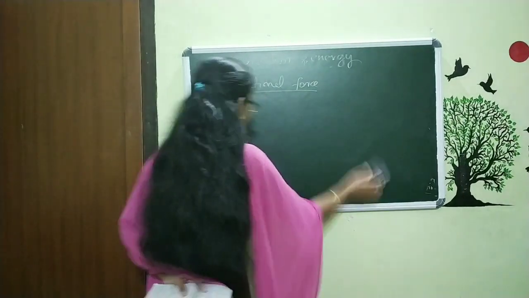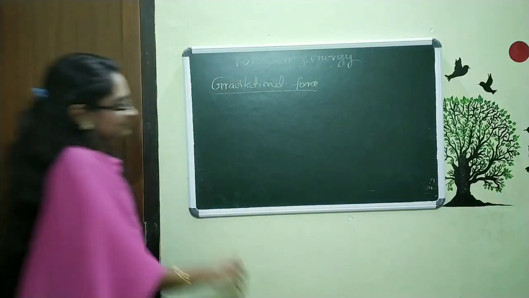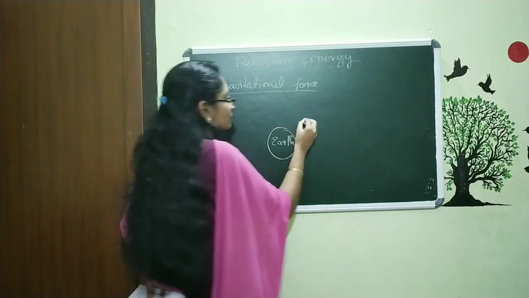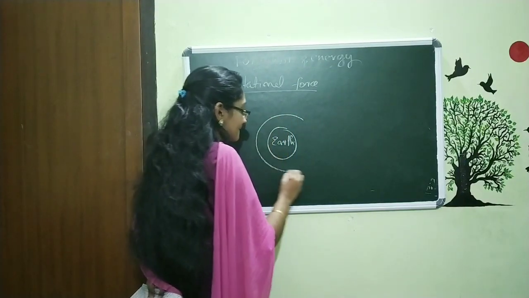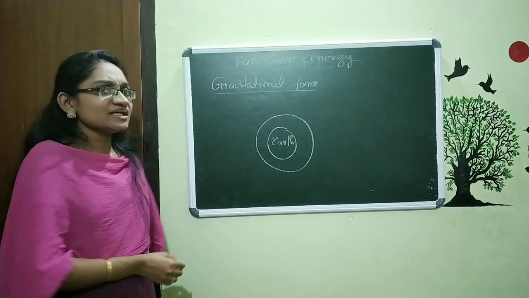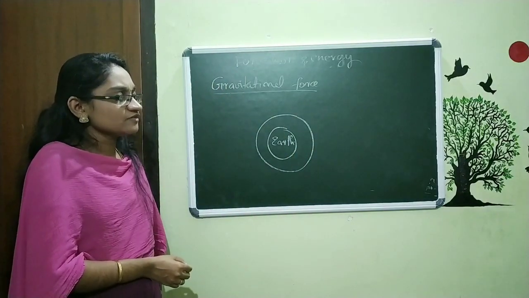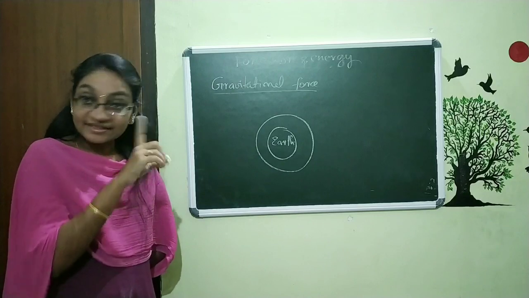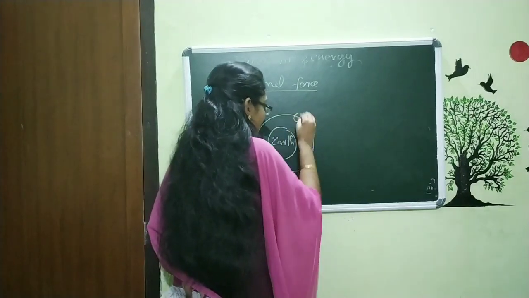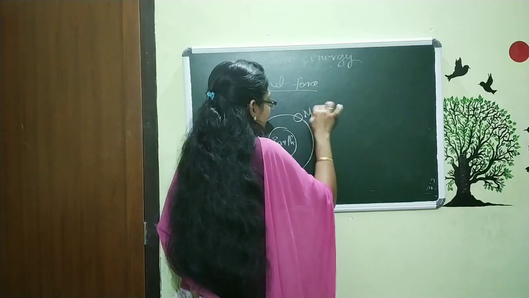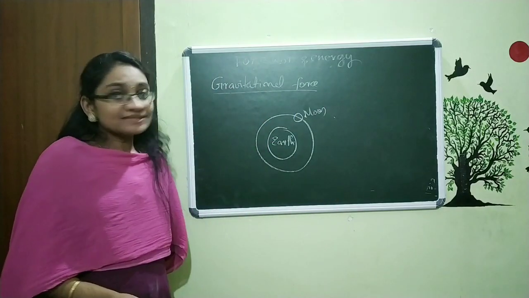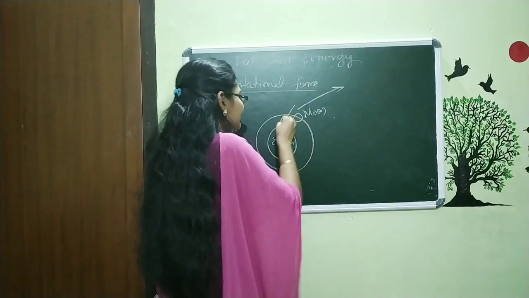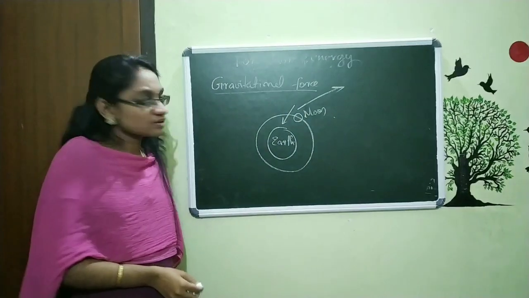Other objects also have attraction. We can say this is our earth, and something is always rotating and revolving around the earth. What's that? We can see that in the night sky: the moon. Why is this moon not going away, or coming towards the earth and falling on it?